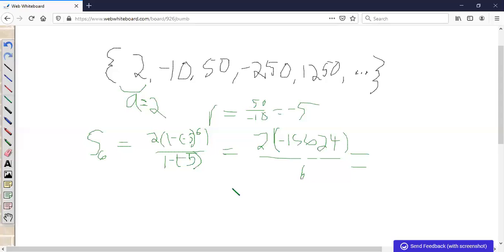All right. I feel significantly better about that. So instead, we get something I feel significantly better about, which is negative 5208. Okay, there we go. That fixes it.